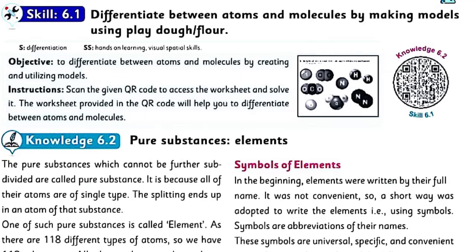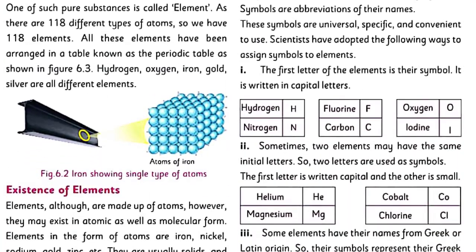Knowledge 6.2. Pure substances, elements. The pure substances which cannot be further subdivided are called elements. It is because all of their atoms are of a single type. The splitting ends up in an atom of that substance.